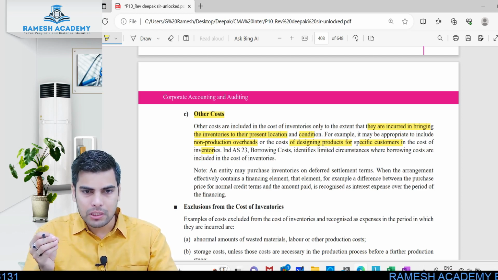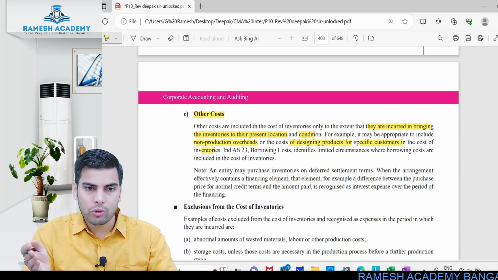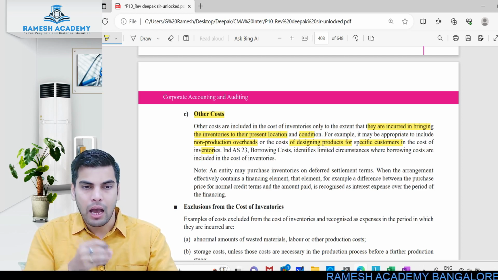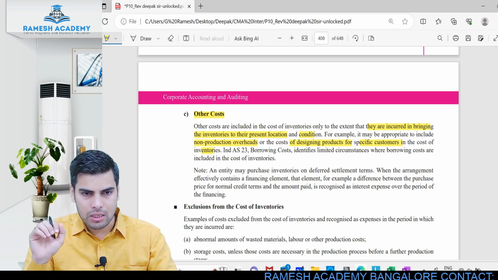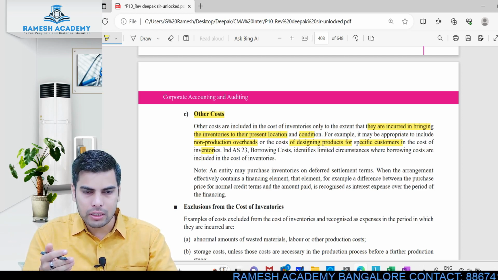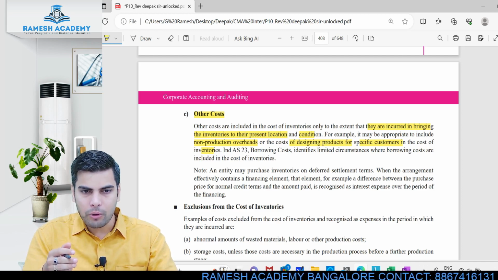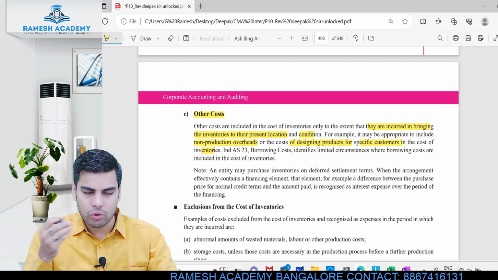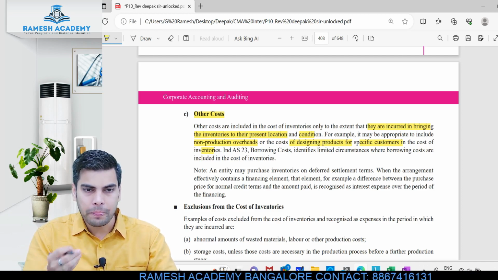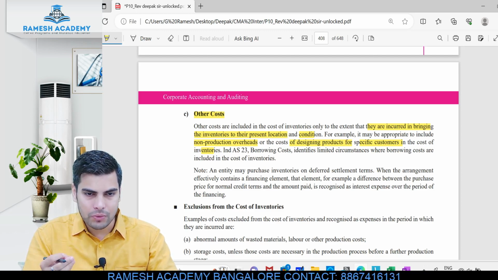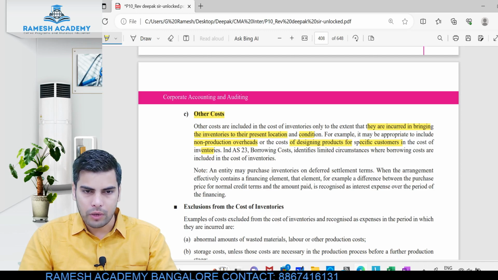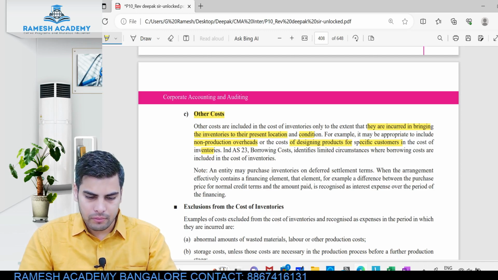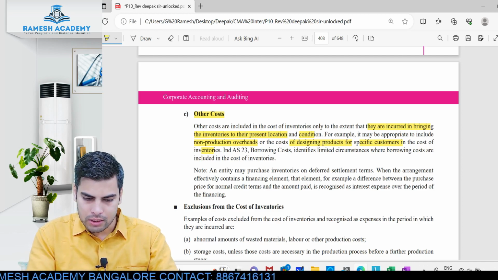I want to bring the product to the condition prescribed by the customer. For that I appoint a designer, who designs the product as per the customer's requirement, and I need to pay him some amount, right? So this amount I pay as designer's fee would also be included as a component of the cost of inventory. Is this clear? Hope you understood this.